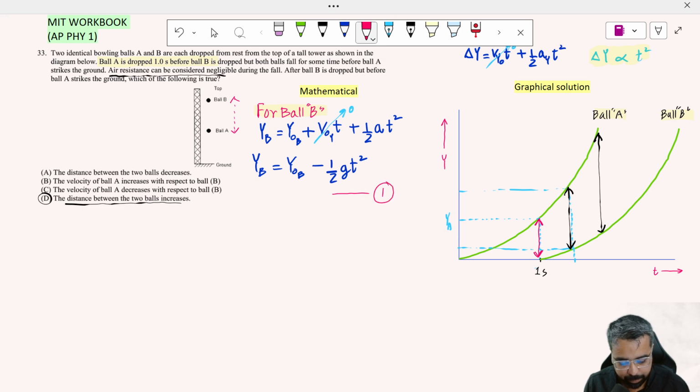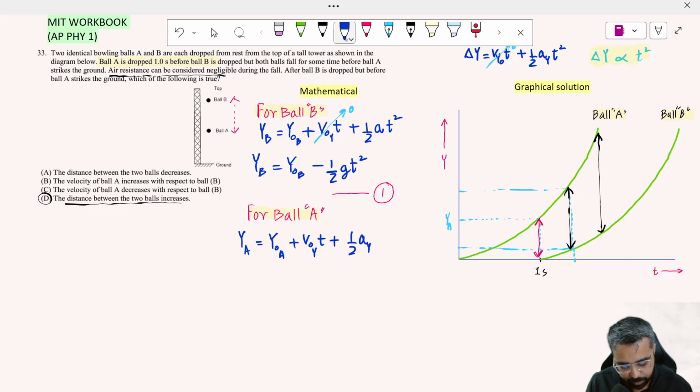Now we will repeat the same process for ball A. Remember we released the ball 1 second before, right? So when I write the equation for this, its initial velocity is also 0, but its time is t plus 1, because it will always be 1 second ahead.